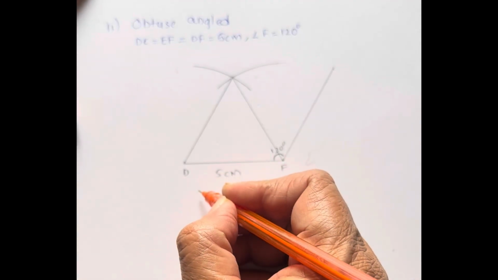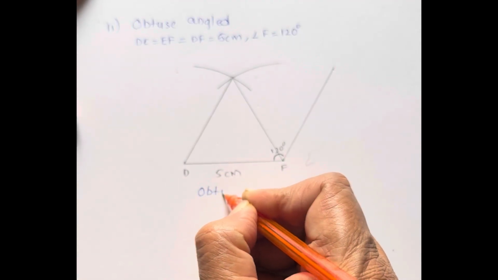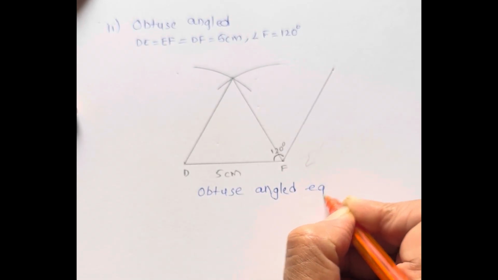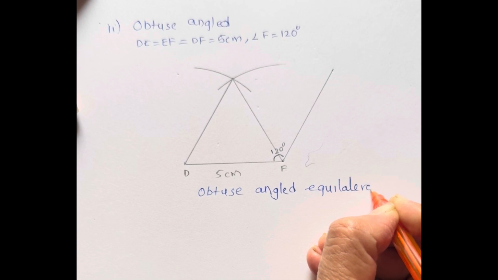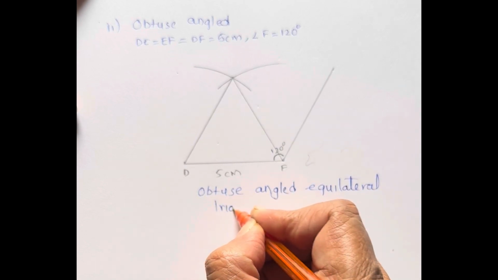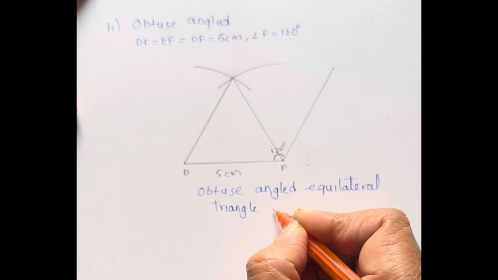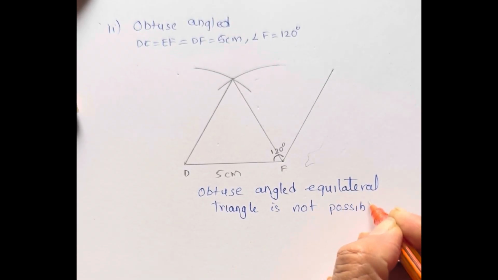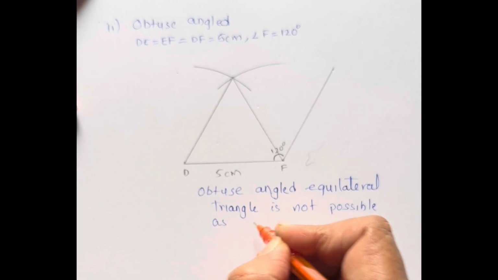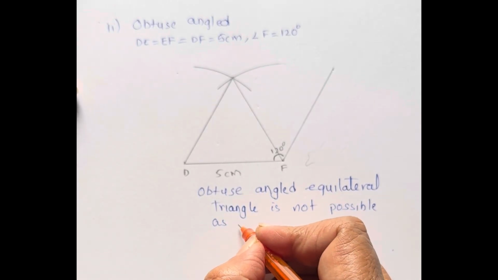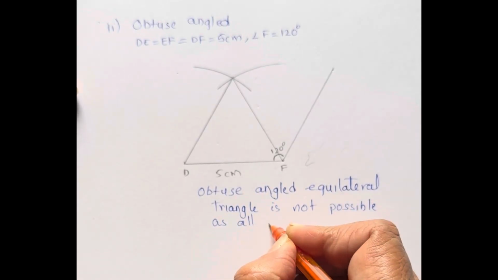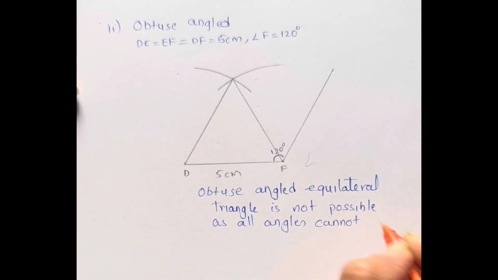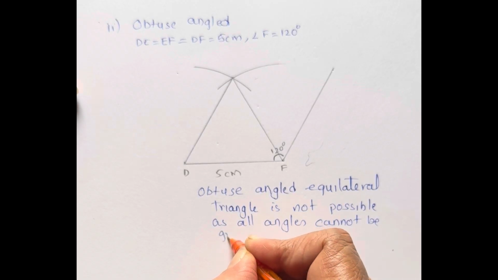So we write the conclusion as obtuse angle equilateral triangle is not possible as all angles cannot be greater than 90 degree.